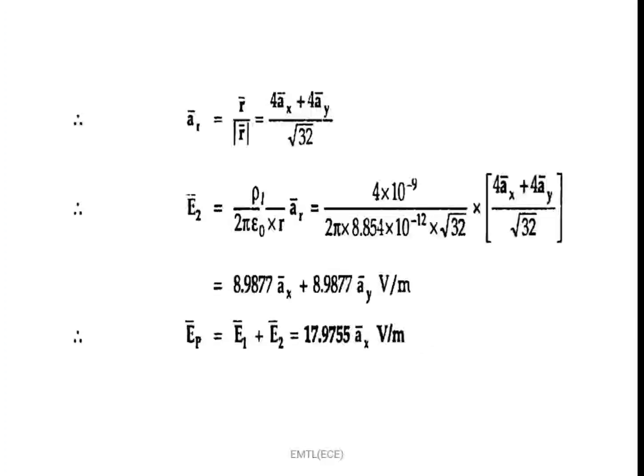By substituting these values, E2 is equal to rho L by 2 pi epsilon naught R, aR bar.